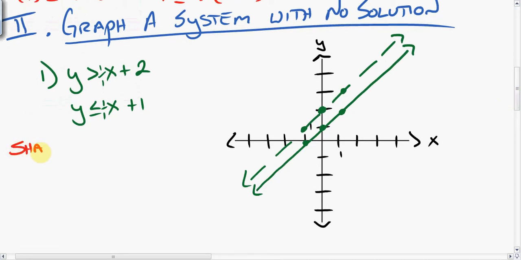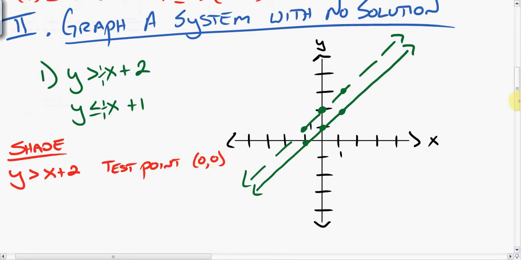So I'm going to do some work down here for my test points. So I'm going to use the first inequality, which is y is greater than x plus 2. My favorite test point of 0, 0 I can use because it does not fall on this line right here. So my test point is 0, 0.